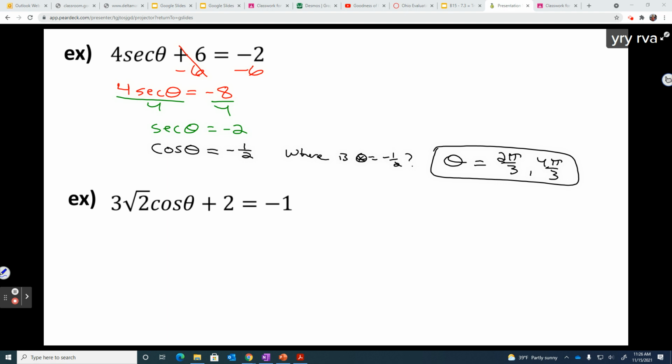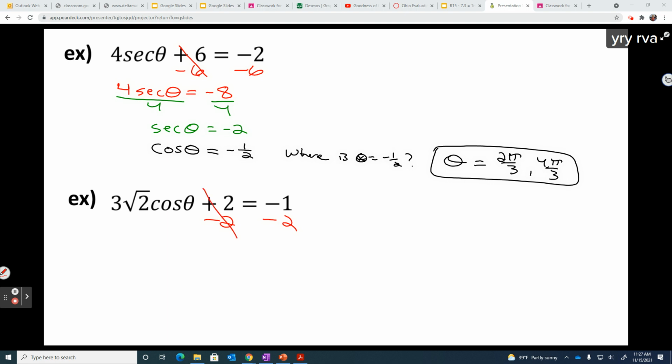This one looks a little more confusing. 3 radical 2 cosine theta plus 2 equals -1. This 3 radical 2 is just all one term, 3 square root 2, and cosine of theta plus 2 equals -1. So what should we do first for this one? Yep, always subtract 2. It's like the opposite of order of operations.